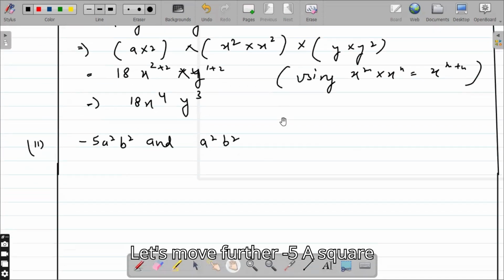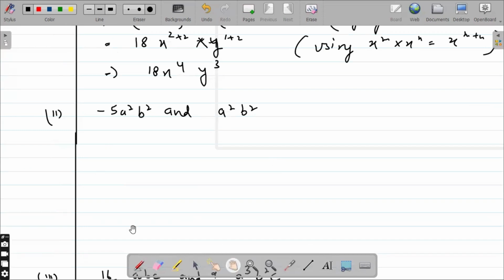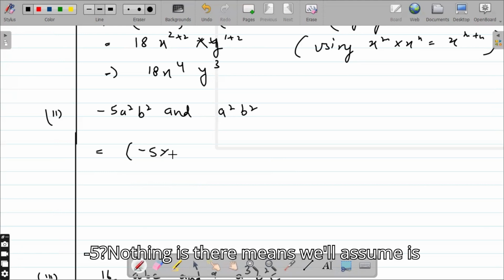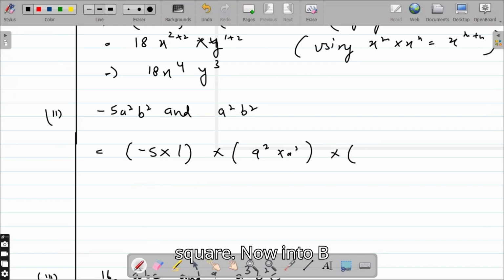Let's move further. Minus 5a square b square and a square b square. Same step will be followed. Minus 5, and where nothing is there we'll assume it as 1, into a square into a square, now into b square into b square.